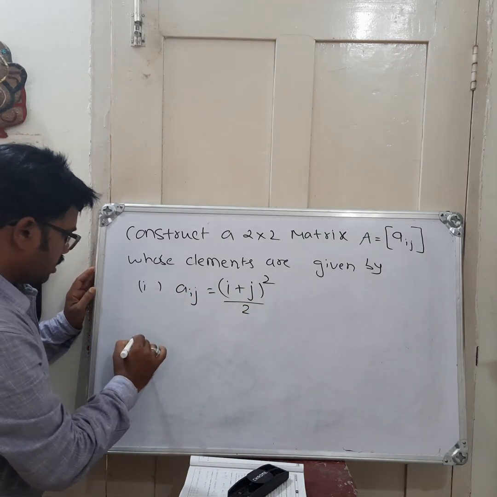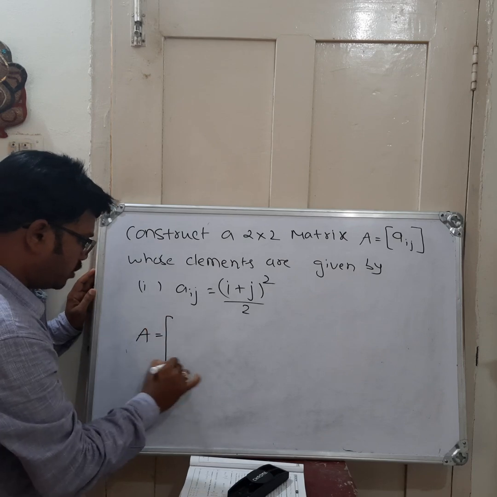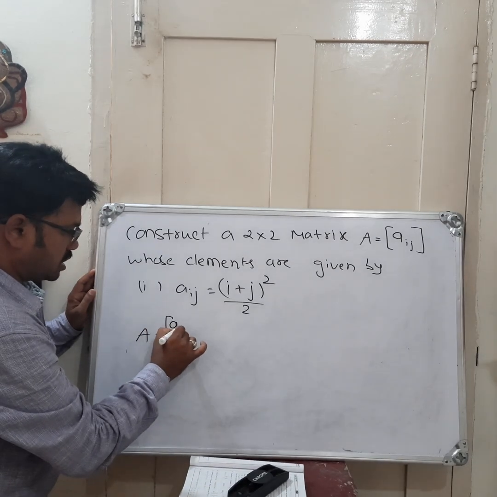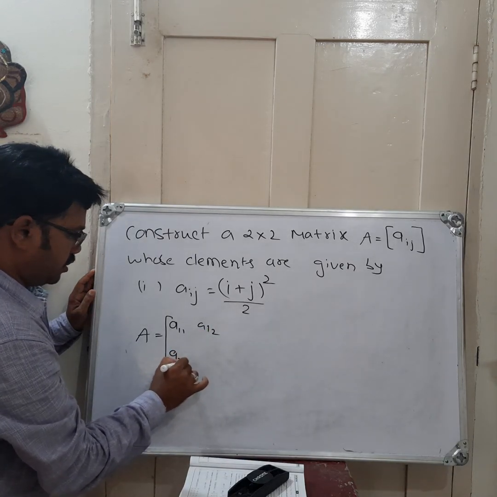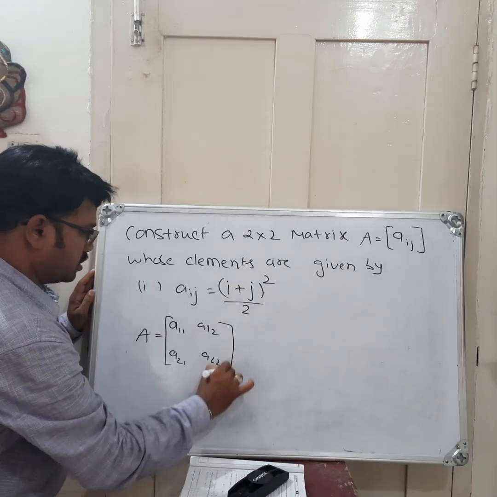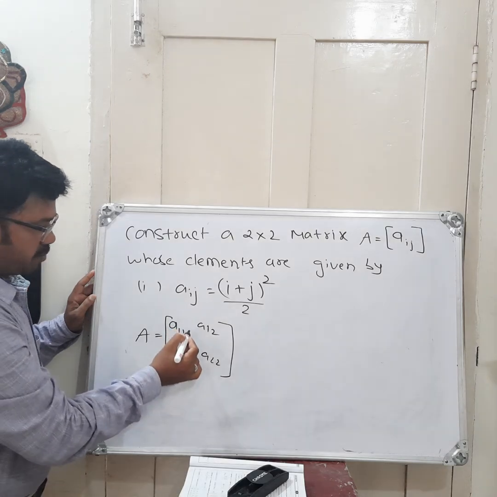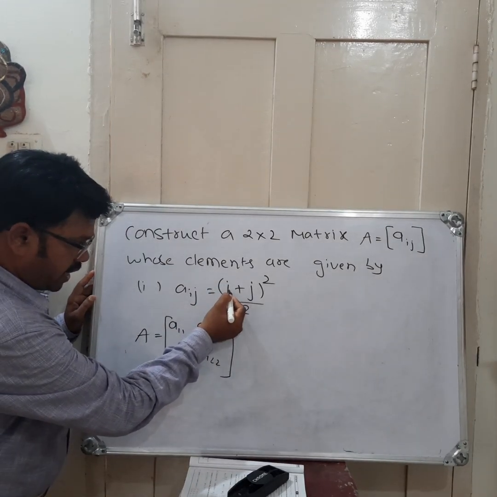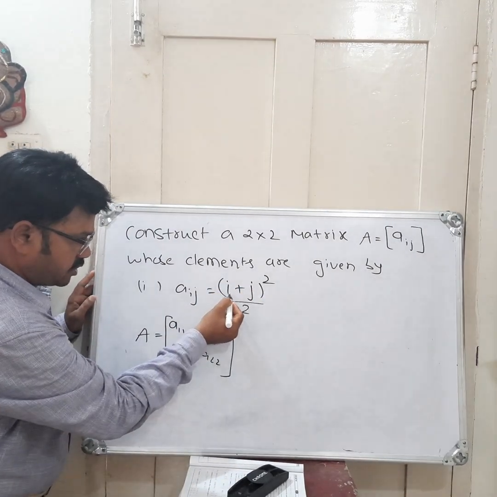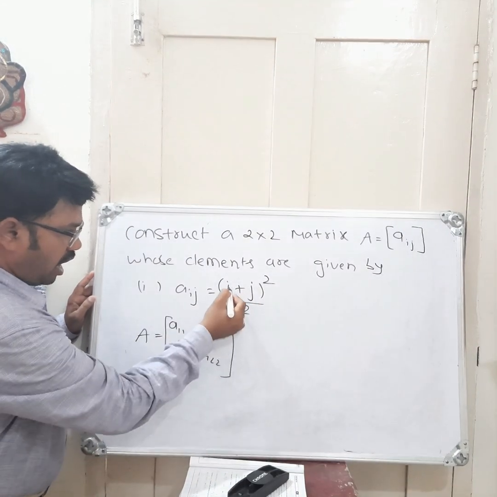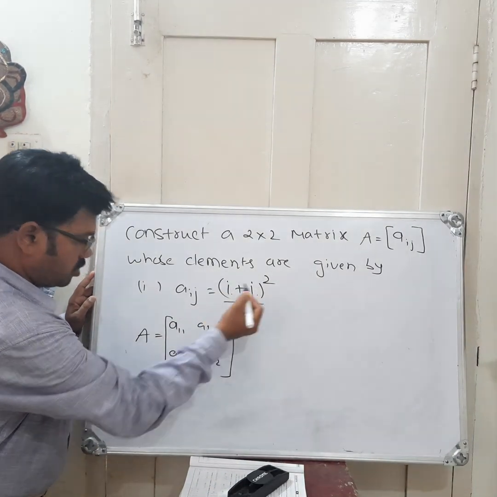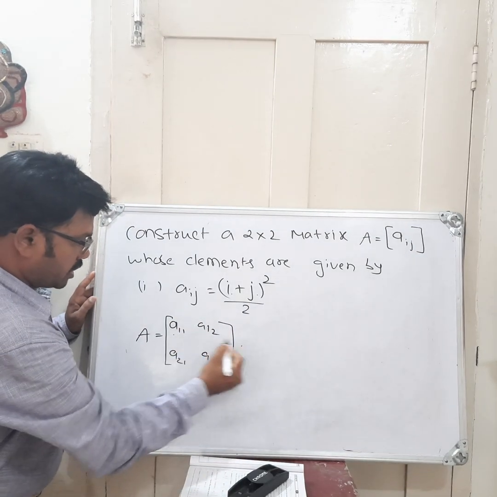That means in the 2 by 2 matrix the elements are like this: A11, A12 and A21, A22. For A11, i value is 1 and j value is 1, and again for A12, i value is 1, j value is 2. These two elements make the first row.